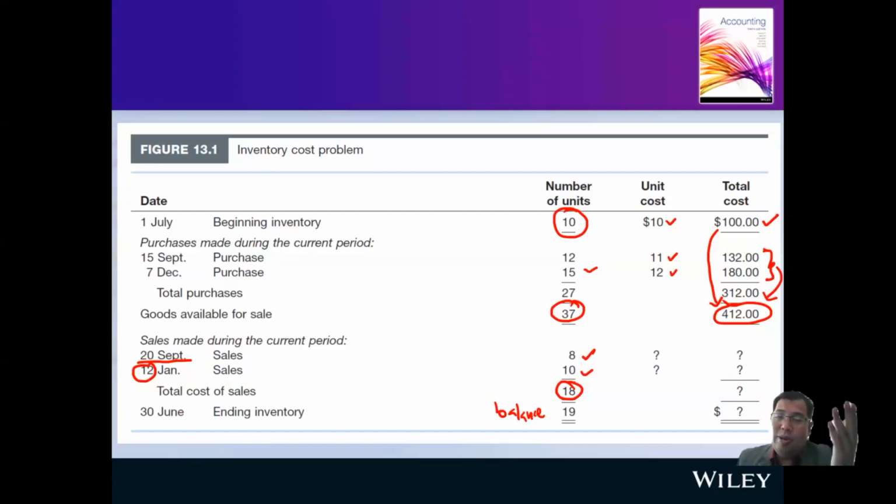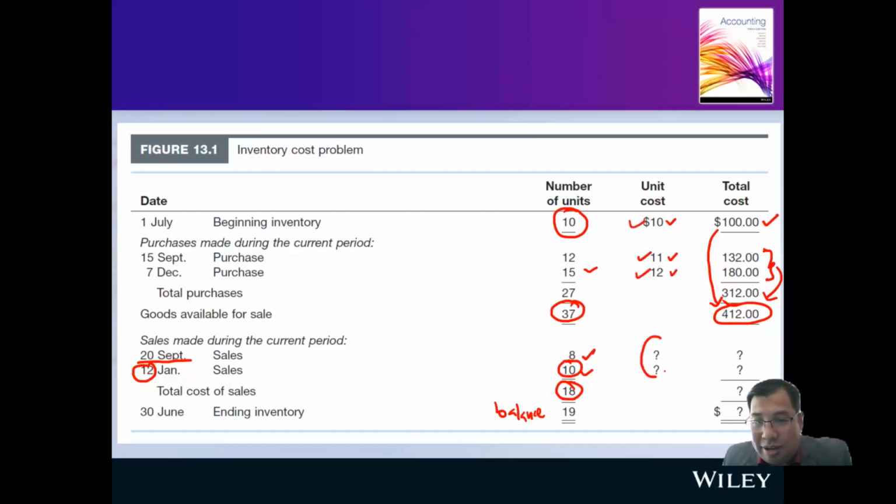Some might say you use the $10. Some say you should use the $12 because when you stack the inventory, the new one is always on the top. So when you sell, you take the new one. Maybe there are arguments there. So how about the 10 units? Are you going to use the 11 or 12 or this one?